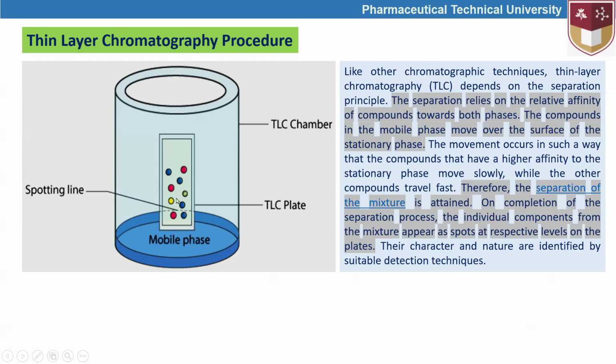Aluminum oxide, silica gel or other sorbents can also be layered on the surface of some flexible metal materials. Like other chromatography techniques, thin layer chromatography depends on the separation principle, and the separation relies on the relative affinity of compounds towards both phases.